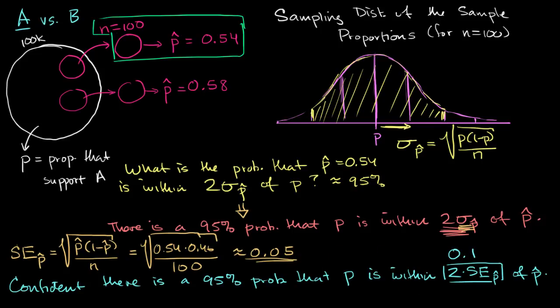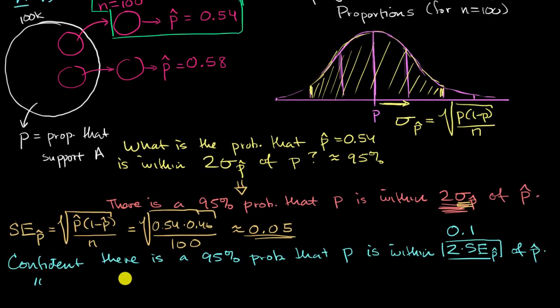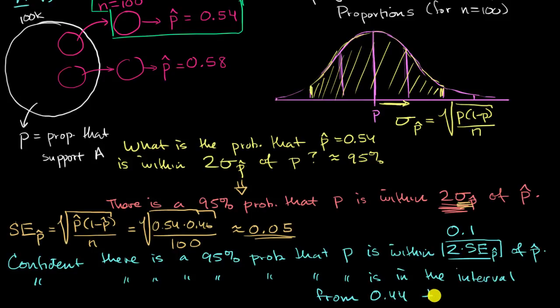And so this is kind of neat. We can now say, confident, there is a 95% probability that our true parameter is in the interval from, if we go 0.1 below our measured sample proportion, 0.44, to, if we add 0.1, so if we go 2 standard errors above this, we would get to 0.64.